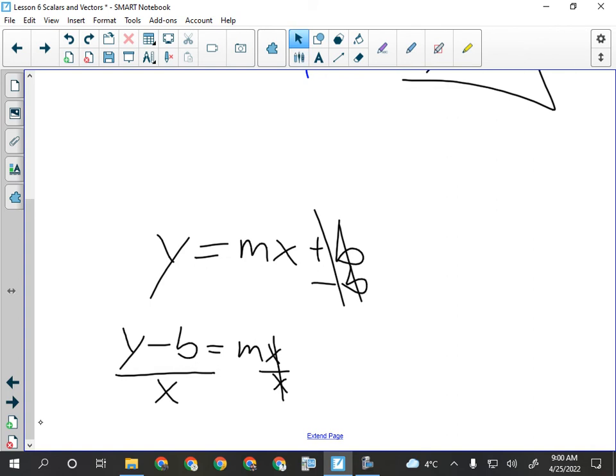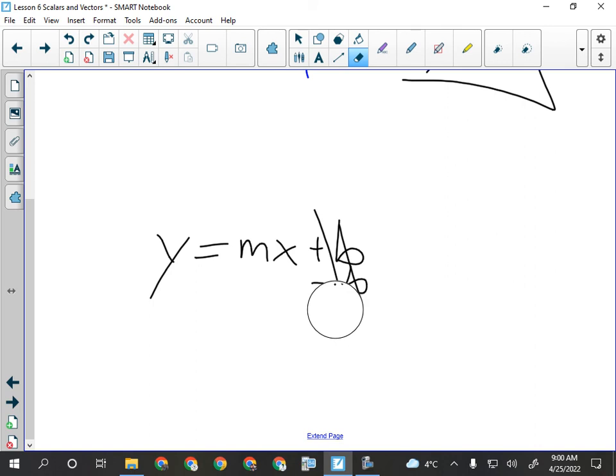What if, instead of that, what if I wanted to solve for b? Would you subtract b and subtract y on either side?